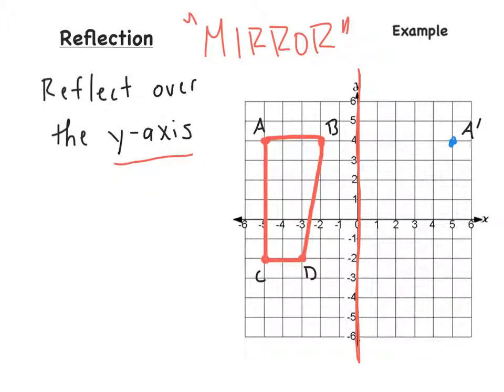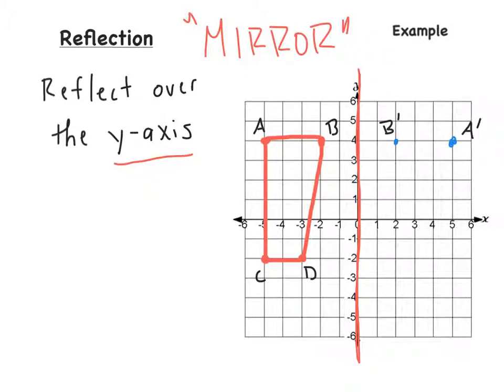Now we do the same thing with point B. Point B is on the y-axis at the 4, and it's 2 points away from the y-axis. So if it's 2 points to the left, we have to go 2 points to the right and mark that point. That is known as B prime.